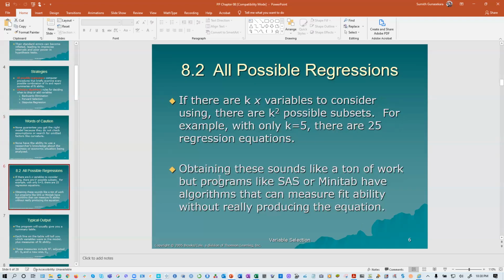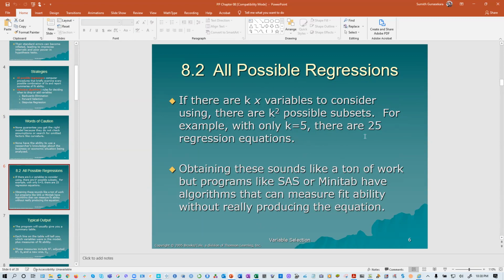So they keep looking into different formats and try to come up with all possible regressions in the beginning. If there are k many X variables to consider, there are 2 to the k equations. Let's say I have 5 variables, I have 32 regression equations to be considered.